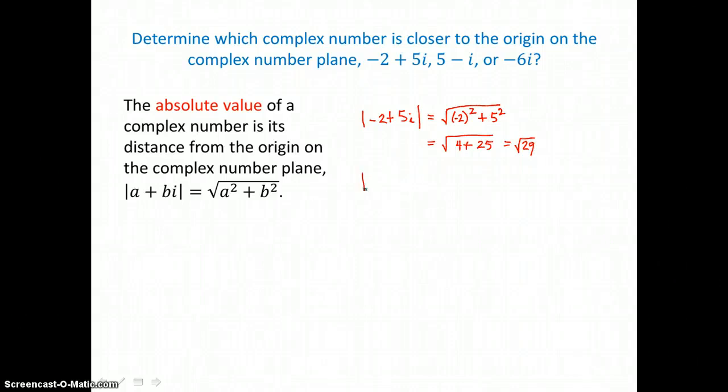Okay, the next one, we're going to find the distance from 0, so we'll take the absolute value of 5 minus i, which is equal to the square root of a squared plus b squared, and our a value is 5, and our b value is negative 1. So this time underneath the radical we have 25 plus 1, or the square root of 26.